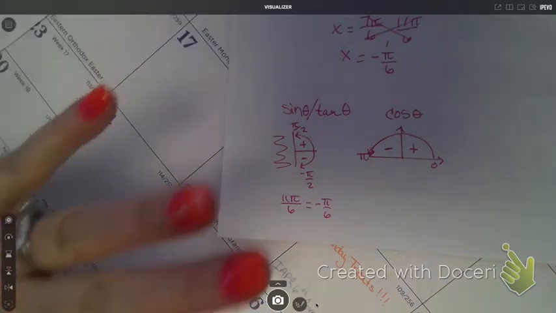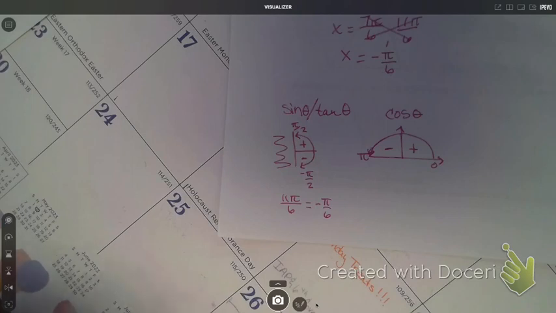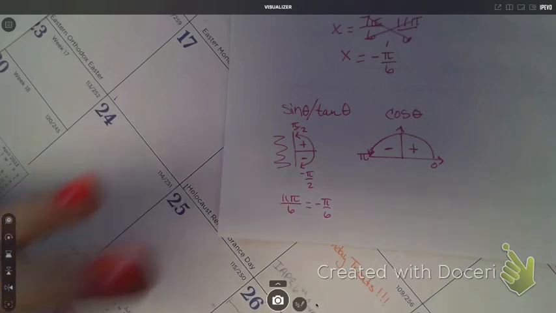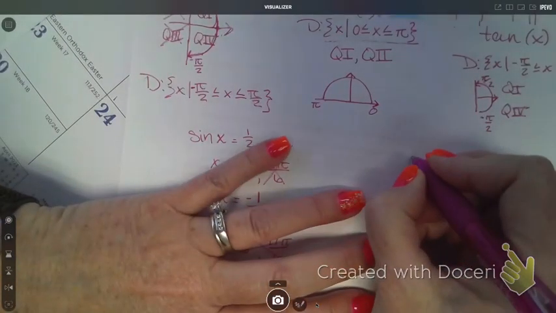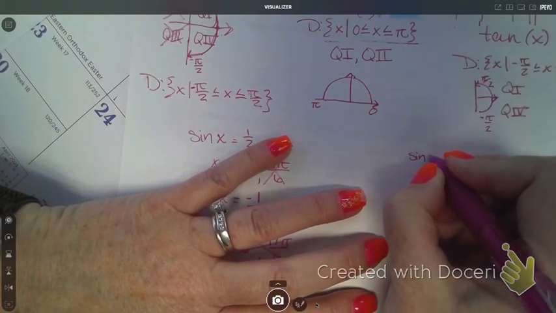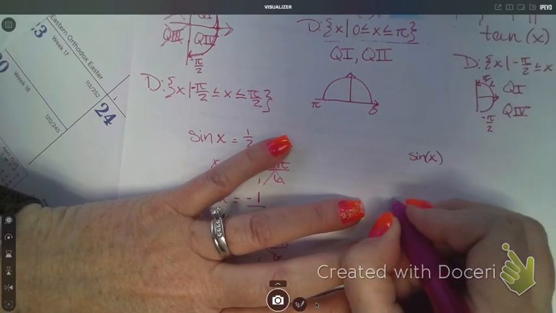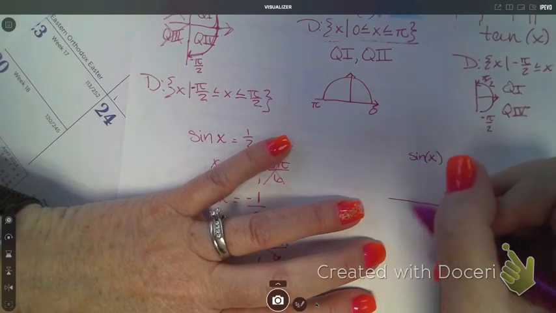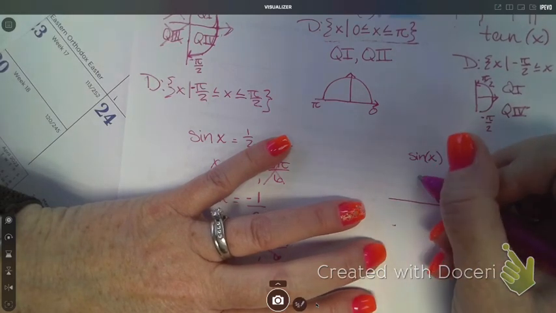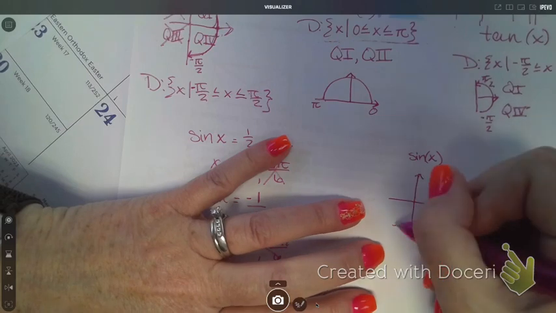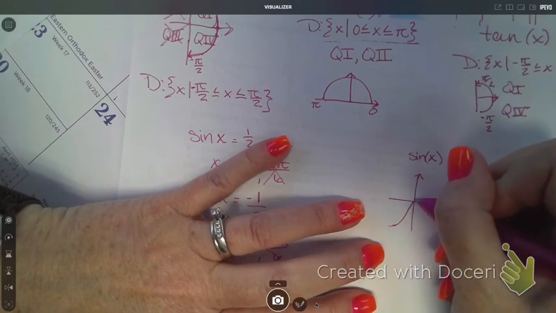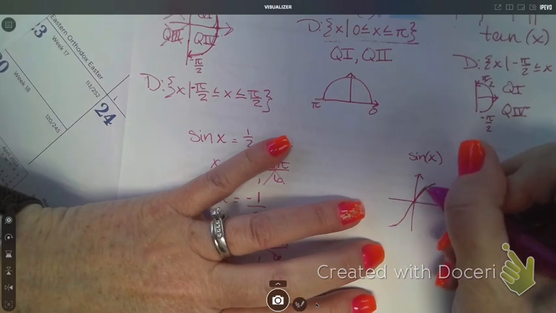Okay, so the next part I'm going to do, you do not need to write. I just want to show it to you. So if I limit and just draw what it looks like. This is sine.